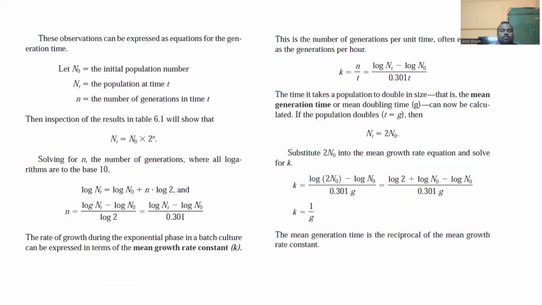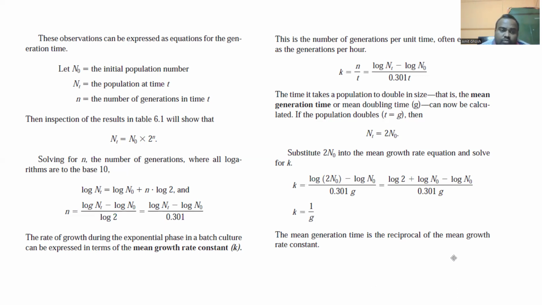To know the equations, we can explain it like this. The observation can be expressed as equations for the generation time. Let N0 be the initial population number, Nt the population at time t, and n the number of generations in time t.